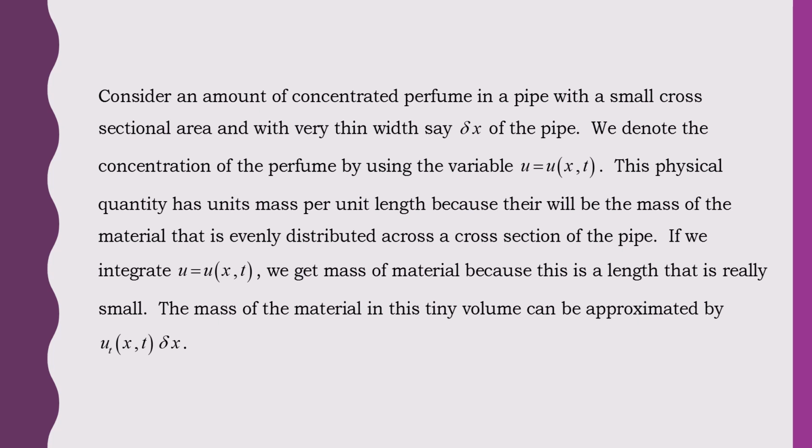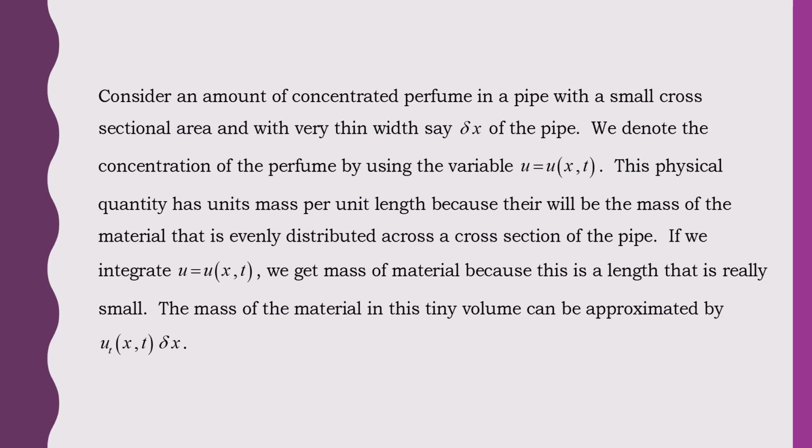Now, we take two positions x and x plus delta x on this pipe, and the difference between these two positions is very small, that is delta x. The difference between x and x plus delta x is delta x, and it is very small.